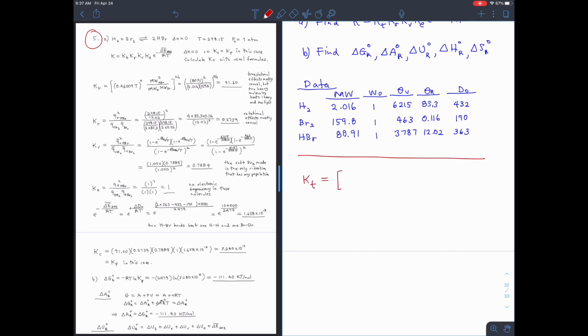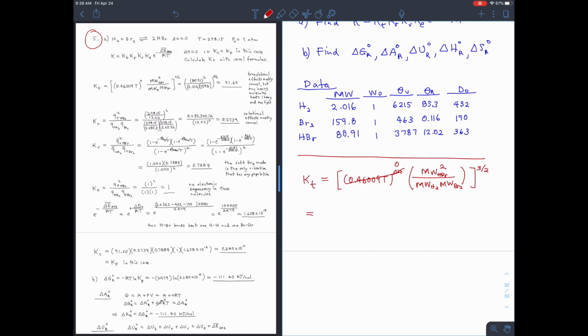We have our nice formula for that, 0.46009 T to the delta N power, times molecular weight for HBr squared, right, because there's 2 of them, over molecular weight for H2, molecular weight for Br2, and then all of that to the 3/2 power. Delta N is 0 here, so none of that matters.